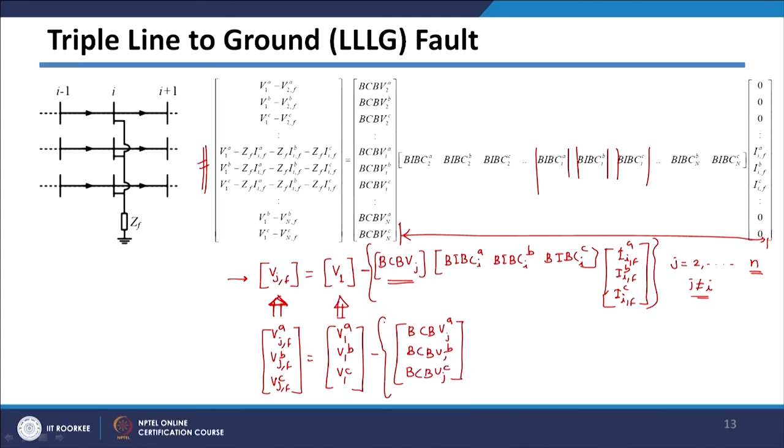So, basically we are taking all the 3 rows corresponding to the jth bus where we want to calculate post fault voltages, and this part will remain same.